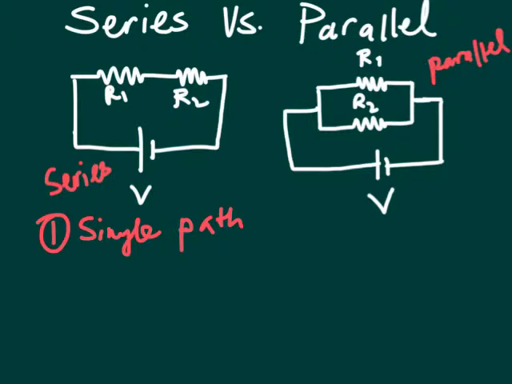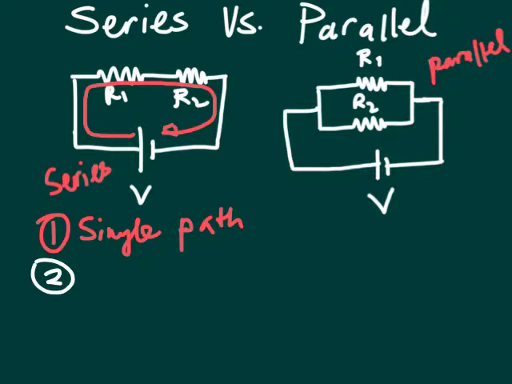The second characteristic, in terms of the current, which is a consequence of the first, okay, if we have a current I flowing in the circuit, then the current through R1 must be the same as the current through R2, and this is a consequence of the conservation of charge.